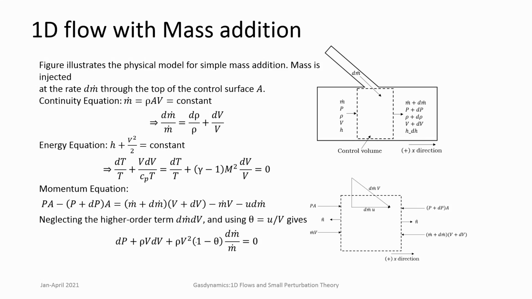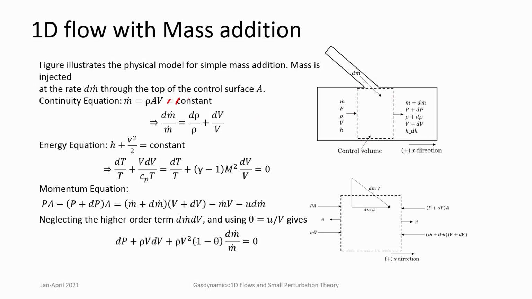So, what is this simple control volume that is taken? You have a constant area duct, and at some place the mass is getting added, a certain dm dot is getting added. So, across this control volume there is an increase in mass.